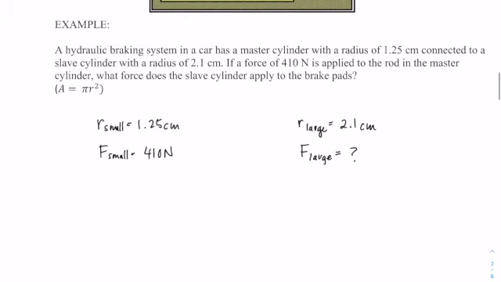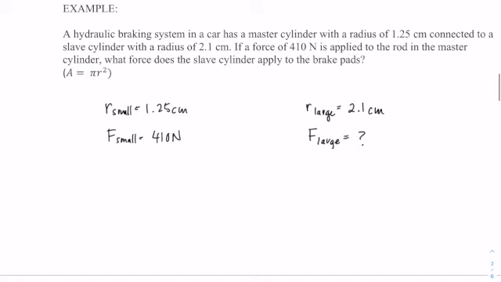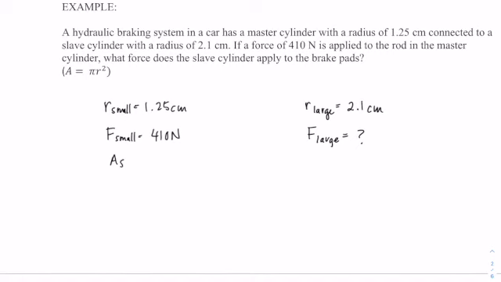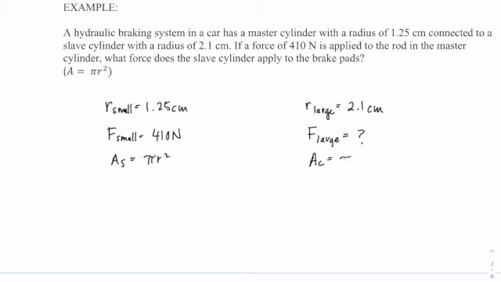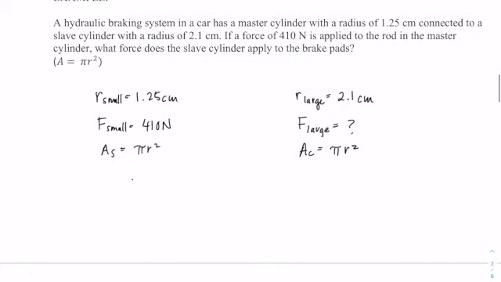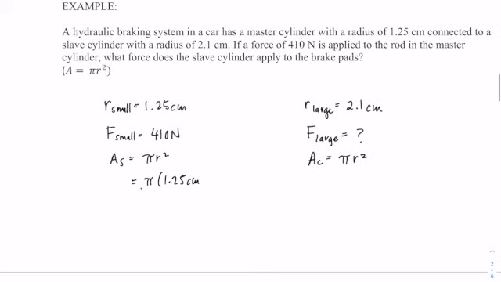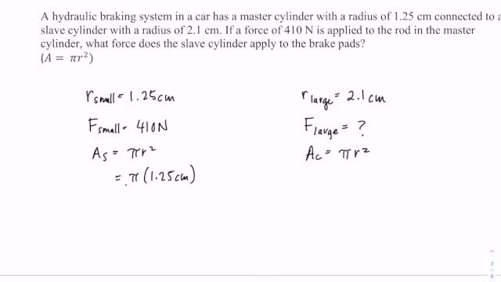So we have Fs and Fl, but we also need to find the small area and the large area, and we're going to use pi r squared to find both of these. So the small area for the master cylinder is pi times 1.25 centimeters squared, and this one is pi times 2.1 centimeters.